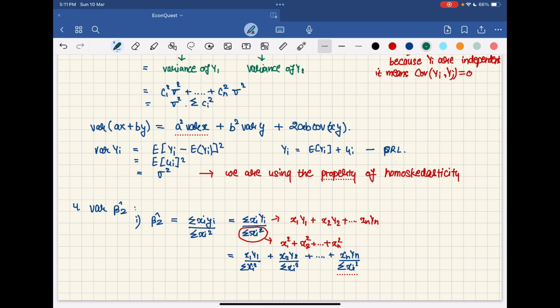Now note that these are the weights, right? आप इन वेट्स को बाहर ला सकते हैं वाई आई से, आप इनको वाई आई से अलग कर सकते हैं, राइट?